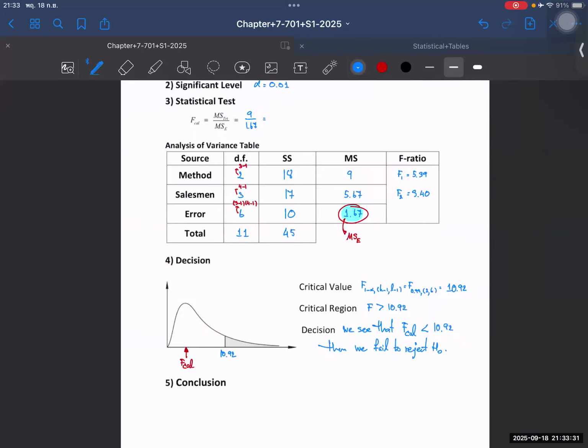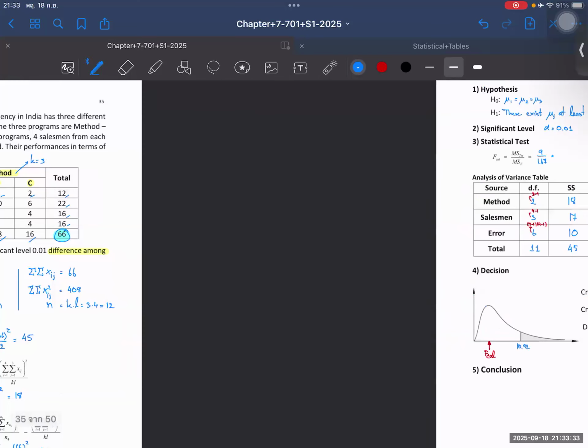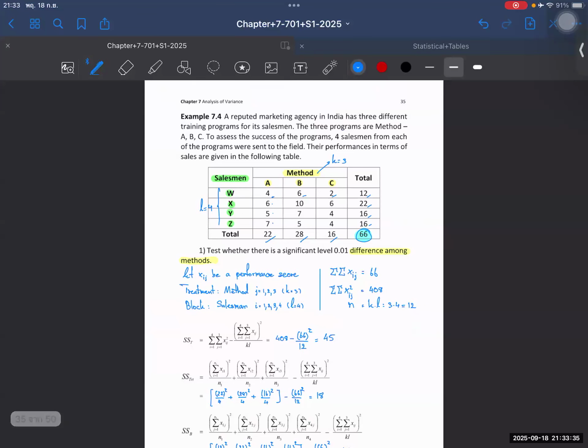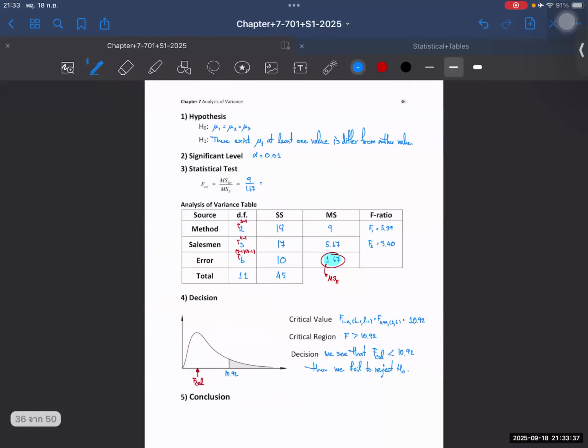So what they want to see, they ask you, do we have a difference among the methods?